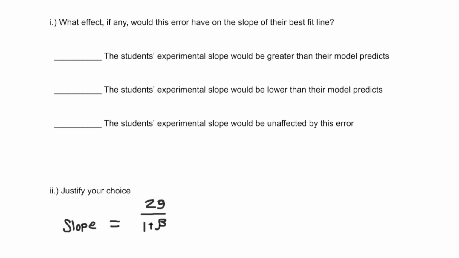So this means that the student's experimental slope would be unaffected by this error, because slope equals 2g divided by 1 plus beta, which is independent of mass.